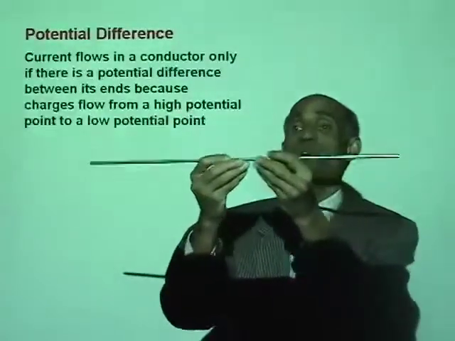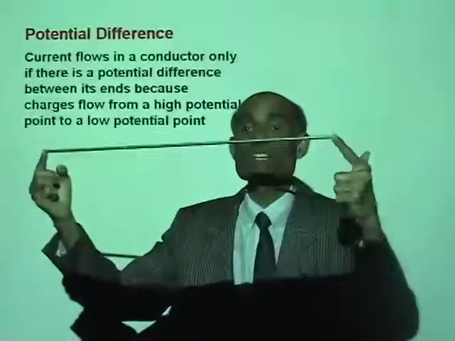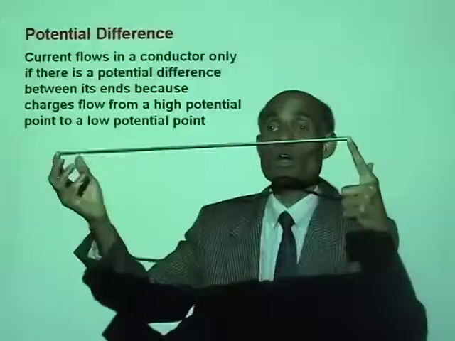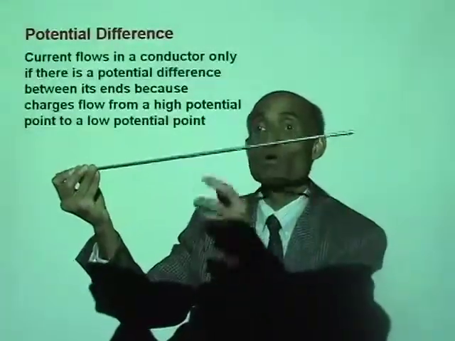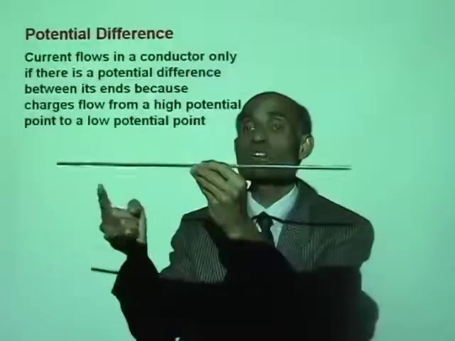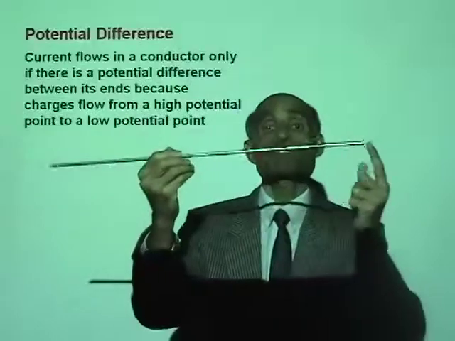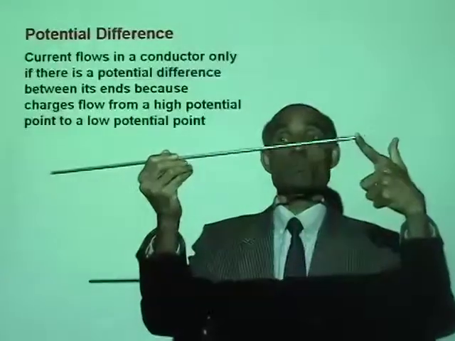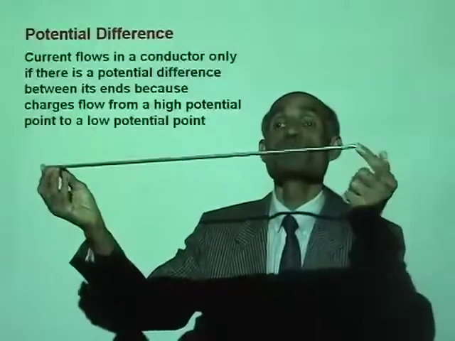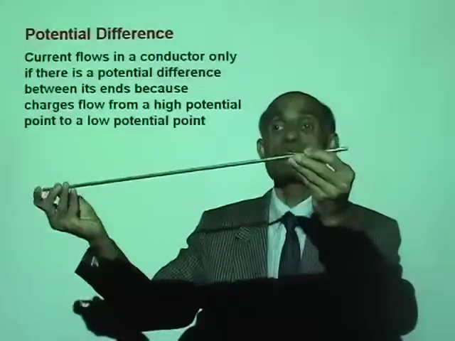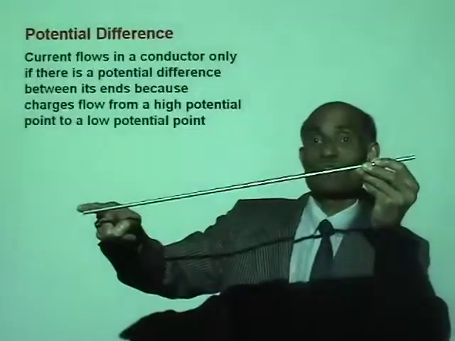Now, how do I set up a potential difference between the ends of the conductor? All I need to do is connect one end of this to the positive pole and the other end to the negative pole of a cell. The end connected to the positive pole will be a high potential point, and the end connected to the negative will be a low potential point, and the current will flow from a high potential to a low potential.